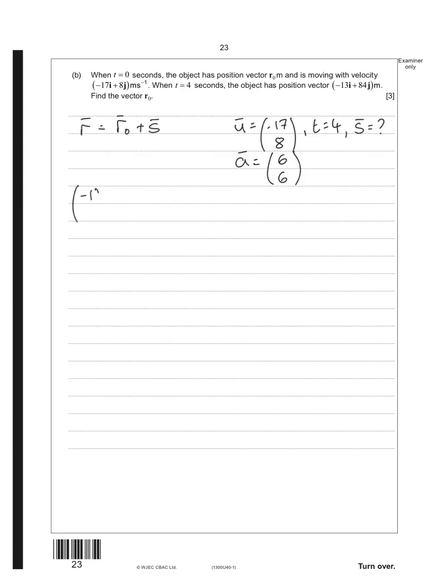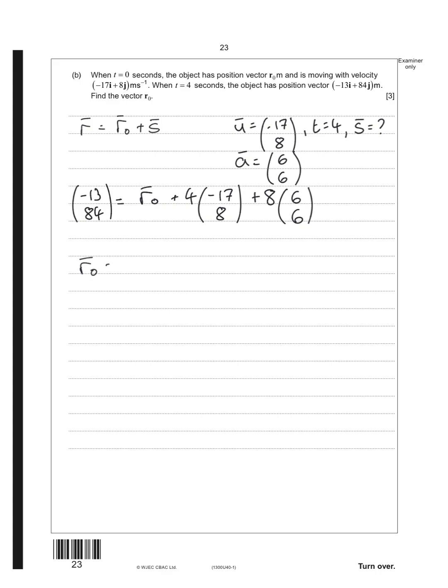So we can say then, let's write this as a vector equation. We can write minus 13, 84 equals the vector that we want to find, and then s is ut plus half at squared, so 4 lots of minus 17, 8 plus a half a t squared. Well, t squared is 16, half of that is 8, so half of 6, 6.